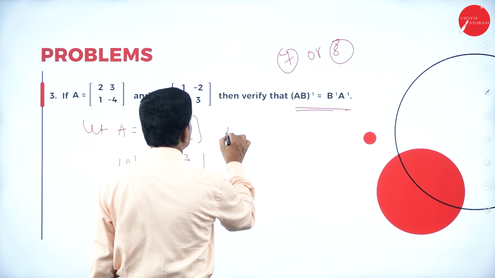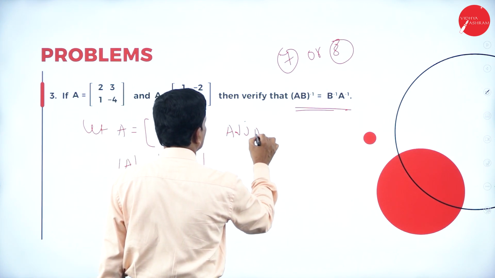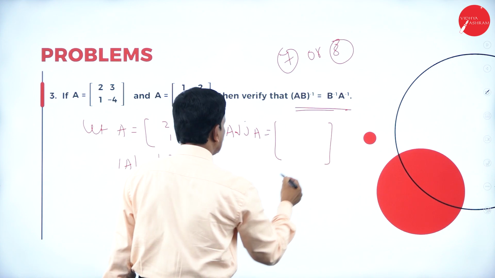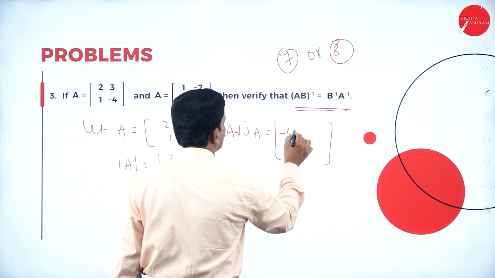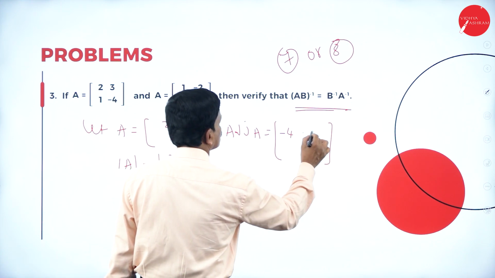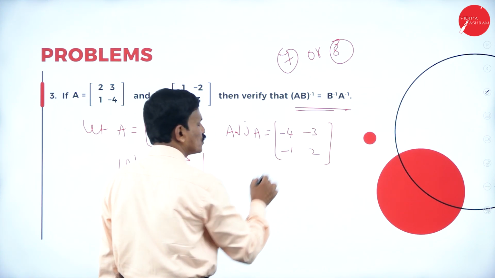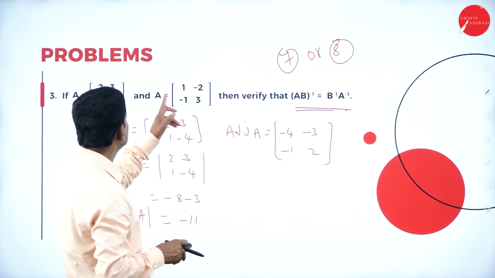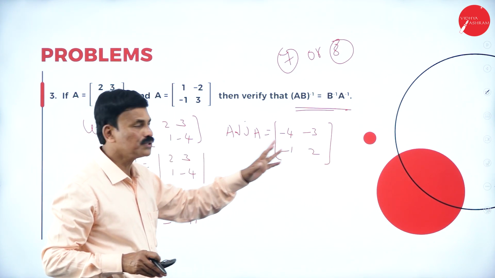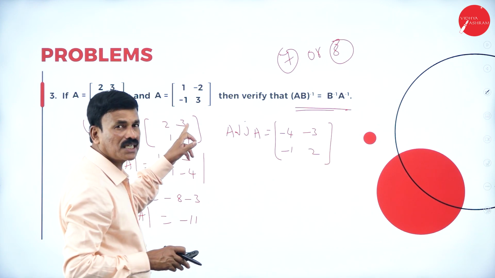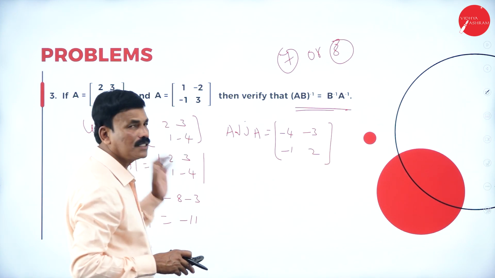Now find out the adjoint of this. So adjoint of A is equal to, interchanging the diagonals. 2 and -4 can be as -4 and 2, and changing the signs for the secondary diagonals, -3 and -1.